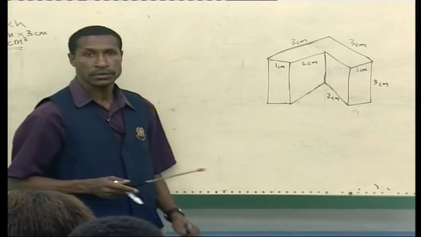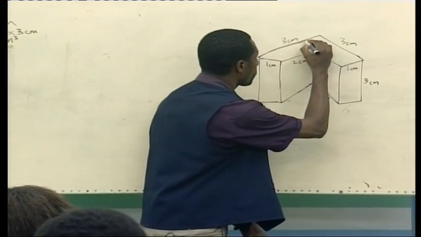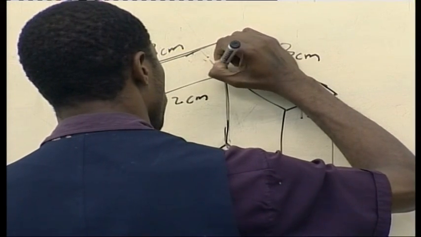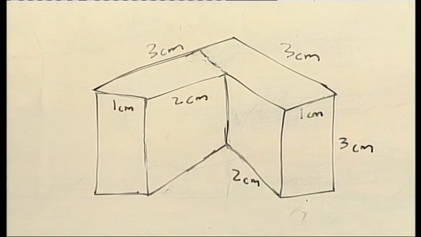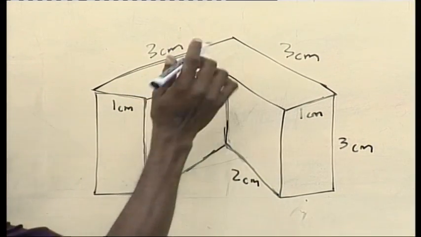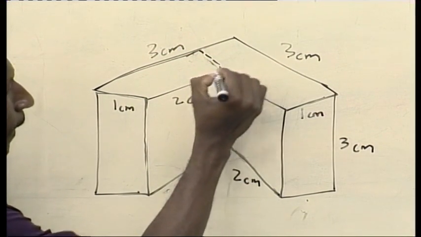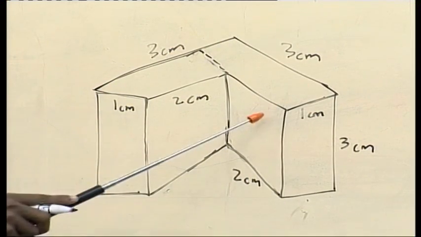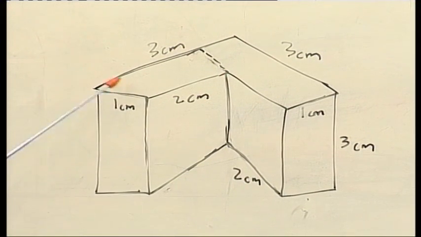Okay, 2 rectangles. If you divide this shape into 2 rectangles, this will help us to find the area of the base of this whole prism.